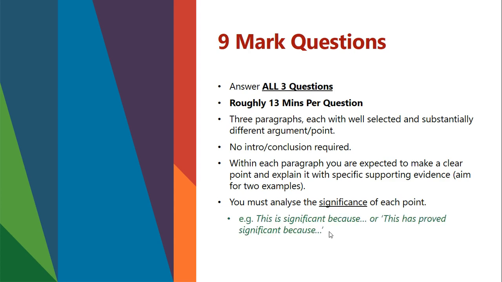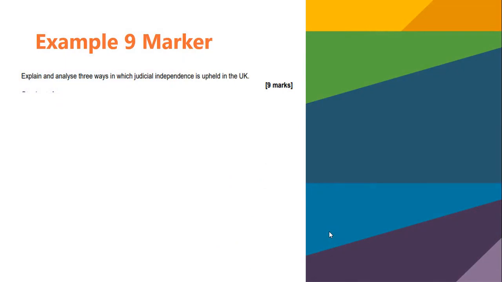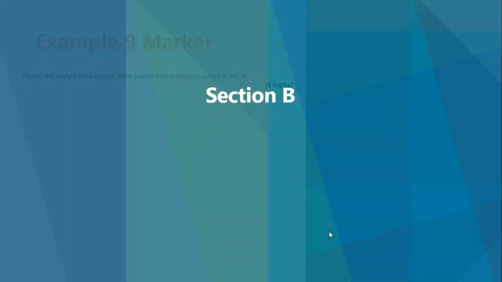For example, this is significant because, or this is proved significant because. And when you're doing paper 2, your US 9 markers must include the rational, cultural, and structural approaches to compare the UK with the US. And there's an example of what a 9-marker would look like: Explain and analyse 3 ways in which judicial independence is upheld in the UK.